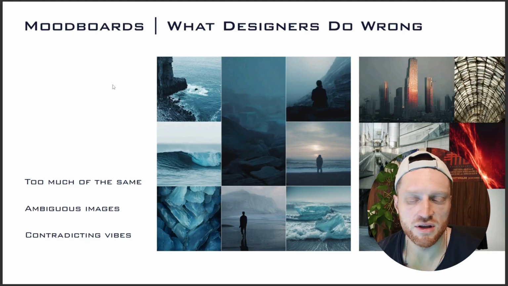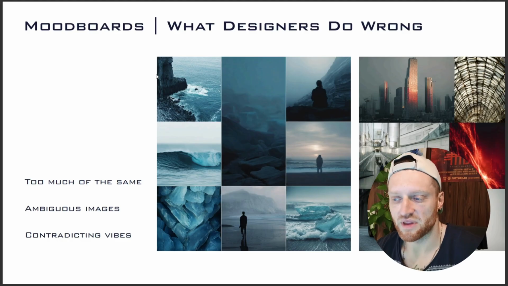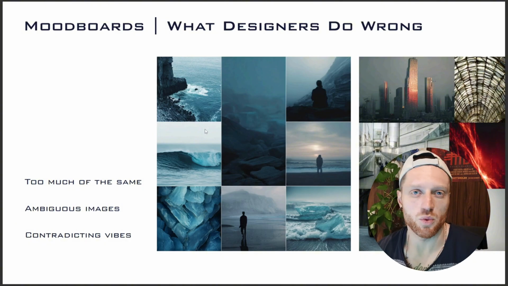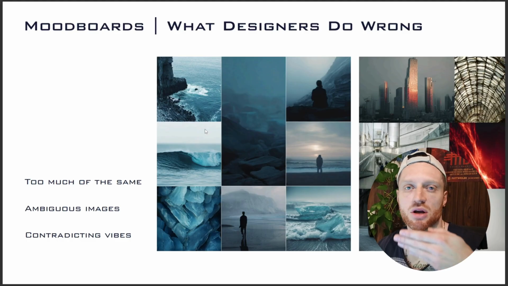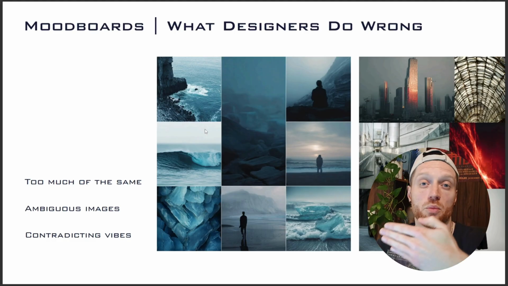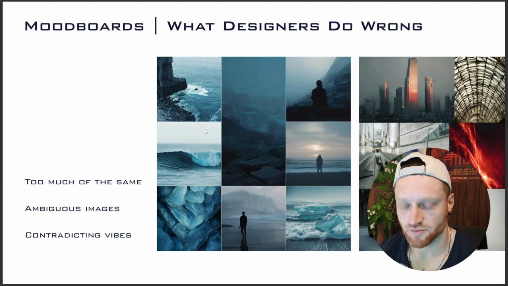It's very coherent, but it's basically just 6 images of the same mood, the same experience. So if there is no nuance difference in these images, then why not just take one of these 6 instead of all 6 of them, right? So every image on the mood board has to add something new to it or make things more specific.